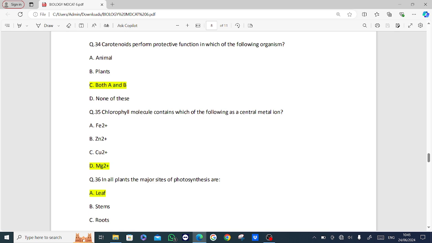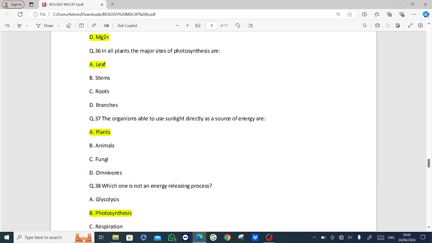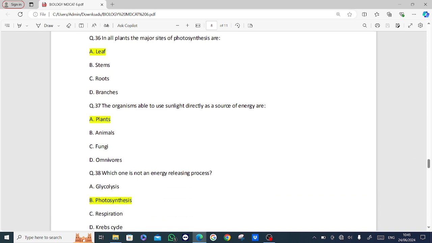Next MCQ is, in all plants, the major site of photosynthesis are. Options are leaf, stems, roots, branches. Answer is option A, leaf.